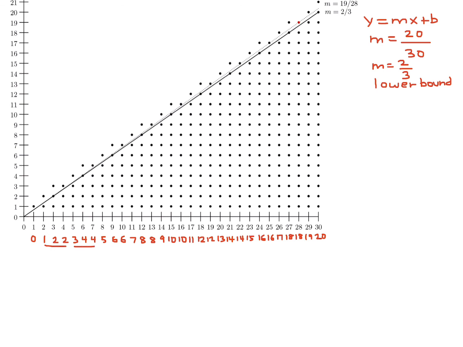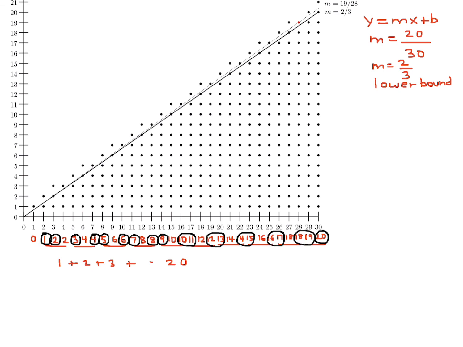It looks like every 3 we've got a situation where we have one number and then 2 of the next number. So we can easily just say 1 plus 2 plus 3 all the way until 20, because that would take care of these guys here. And then once those are taken care of, we're left with 2, 4, 6, 8, 10, 12, 14, 16, and 18.